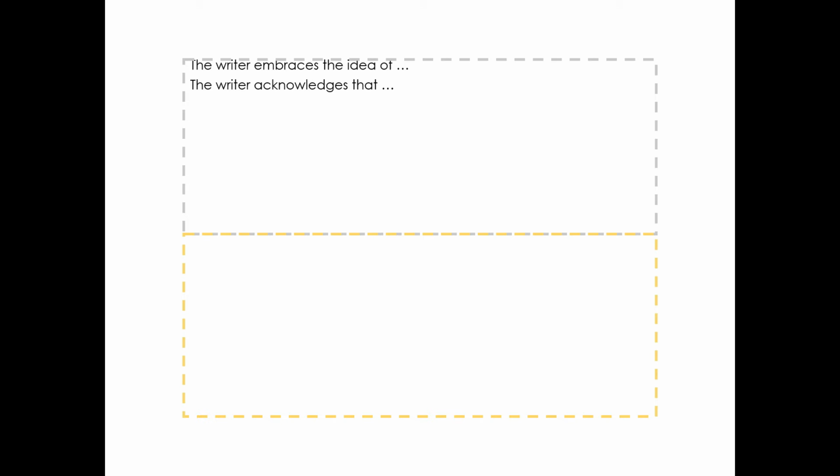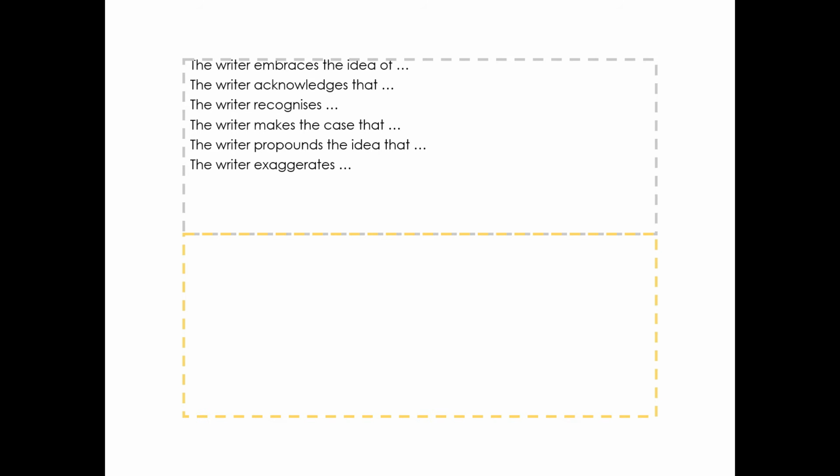So you could say the writer embraces the idea of, the writer acknowledges that, the writer recognizes, the writer makes the case that, the writer propounds the idea that, the writer exaggerates, the writer takes a radical standpoint on, the writer dismisses, or the writer explores several ideas. So it's really giving you varied vocabulary, varied sentence starts to make your writing show a variety.